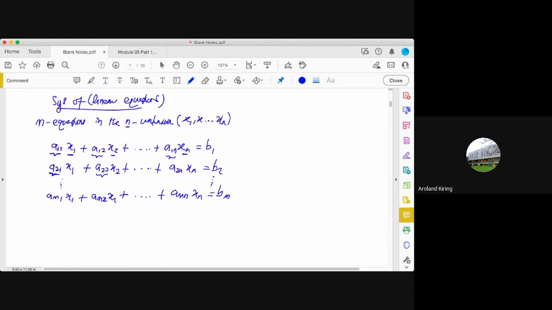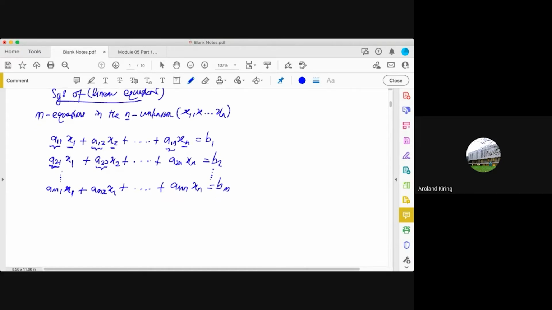If you look at this variable x1, they must consist of the same information. You have x1, x1, and x1, and each of these must consist of the same information. The same goes for x2; the coefficient in front of x2 must refer to the same thing, so you won't mix up the information.